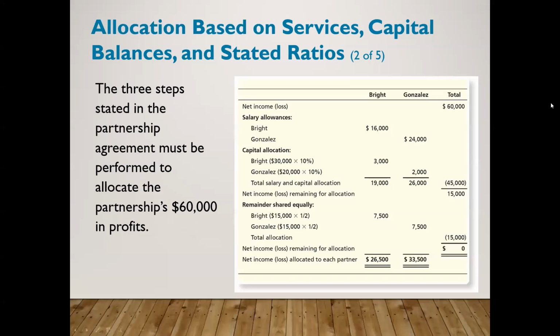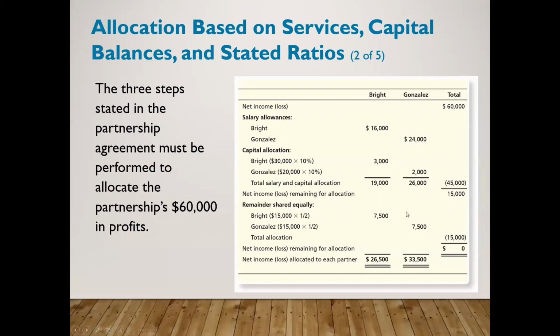Notice here that the net income is allocated to each partner, and it should equal the total net income. So you see here, they're sharing it.